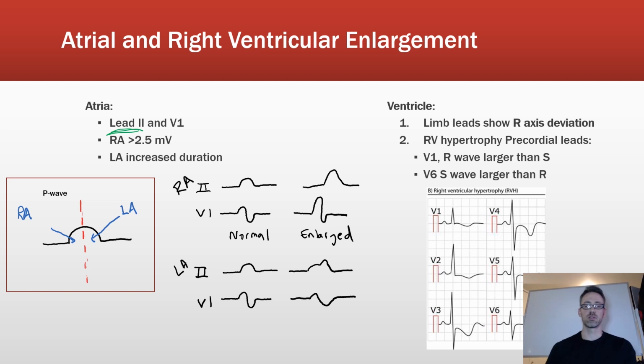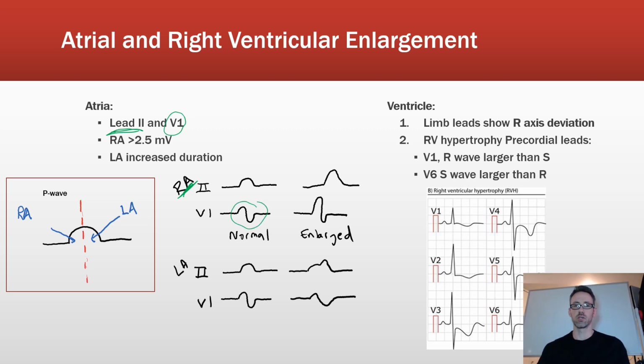What I didn't mention yet was that lead V1, which is a precordial lead, is actually positioned perpendicular to the mean electrical axis going through the atria. So therefore, if we take a look over here at my little cartoon, here's the right atrium. So lead 2 would show us our most upright going P wave, and then V1 would show a biphasic wave because it's perpendicular to it.